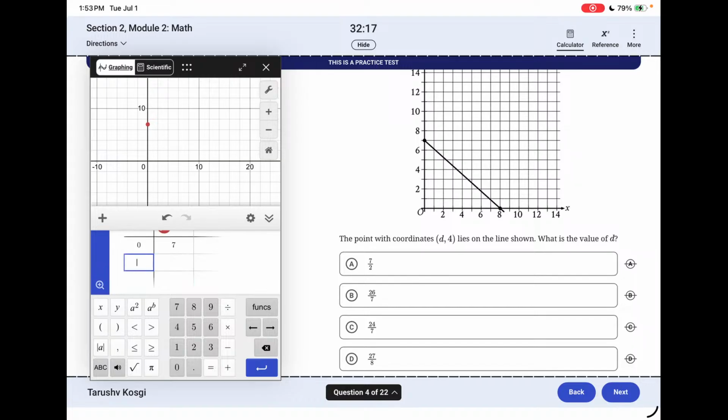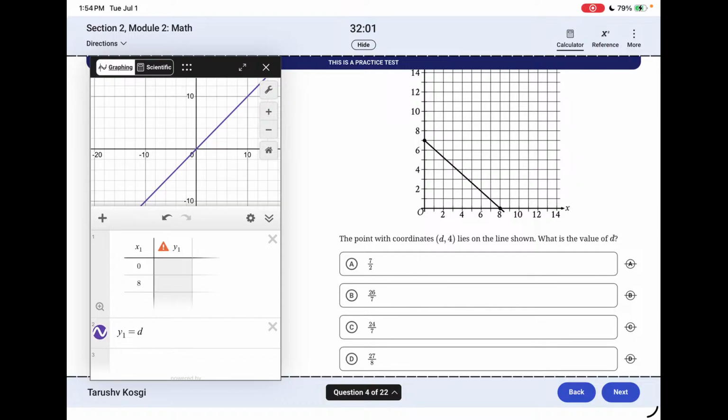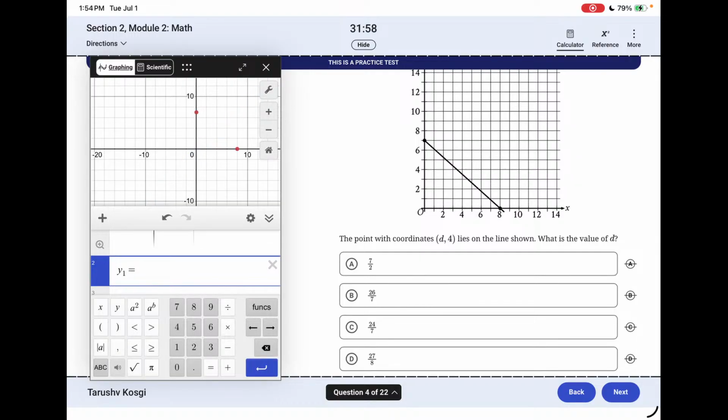Okay, well, 0, 7, 8, 0. Then we're gonna go y1 is equal to d. Wait, no. No. Wait, hold up. 4. So what could x1 equal? Wait, no, that's not how that works. Okay.